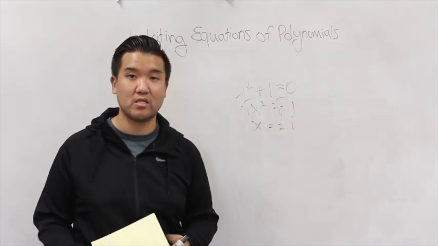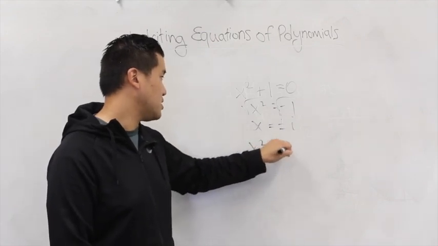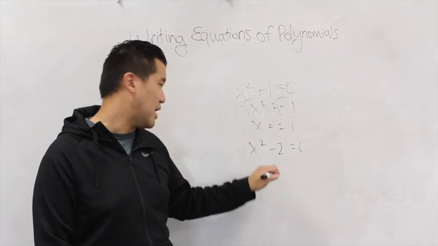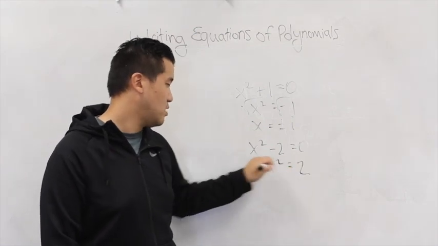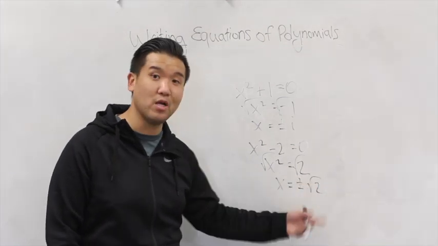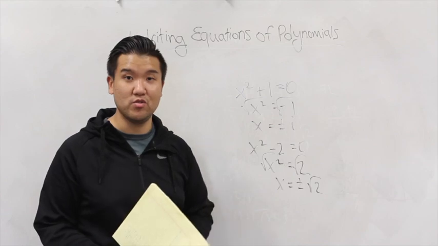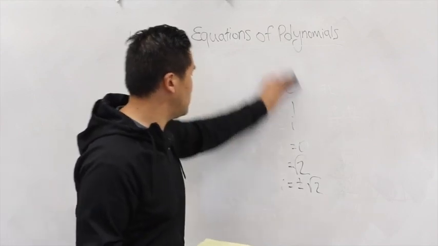They always come in pairs. Vice versa with square roots. If I gave you something like this, we add 2, square root both sides, you get plus or minus root 2. So if I give you plus root 2, you also have to know that negative root 2 is also a solution. So let's do one more example.